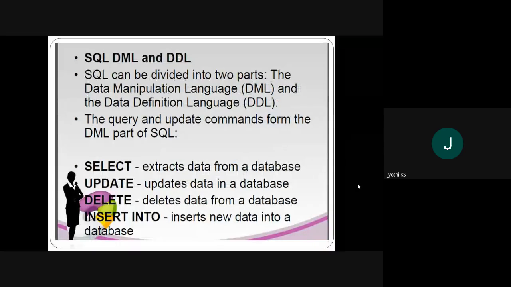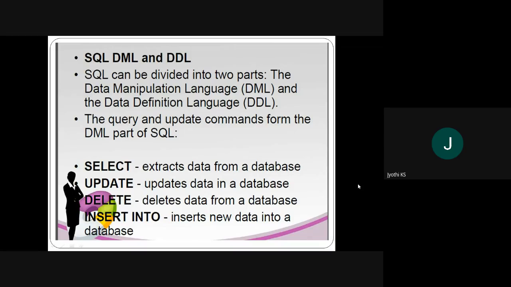Before getting into the queries, we have to create the database. DBMS mainly helps us to create and manipulate the database. In SQL, we have two parts: DML statements and DDL statements. DDL stands for data definition language, and DML stands for data manipulation language.